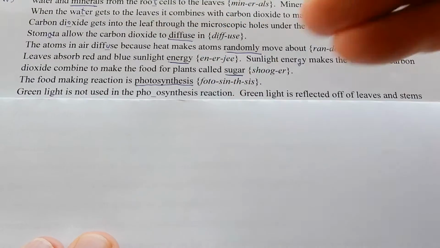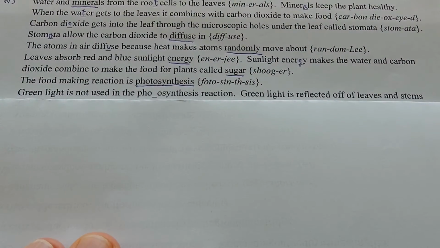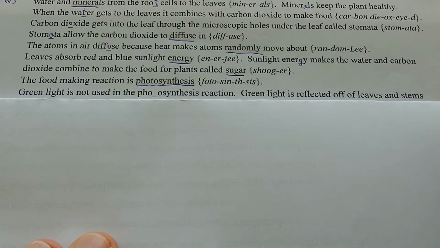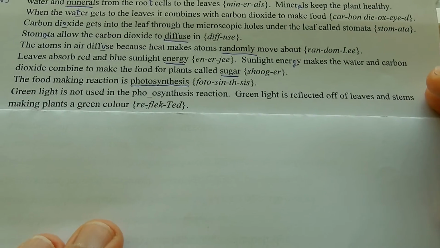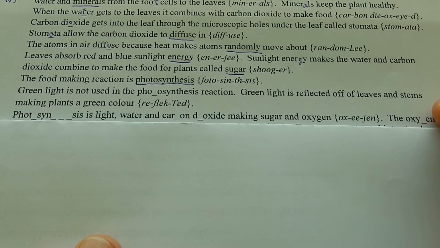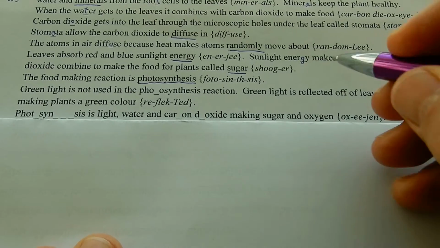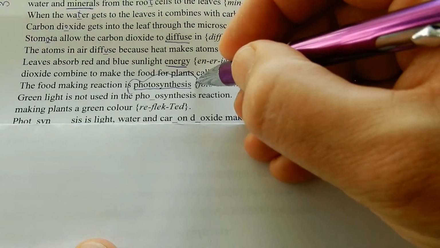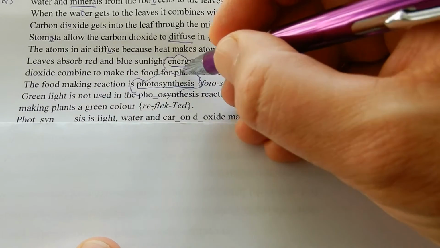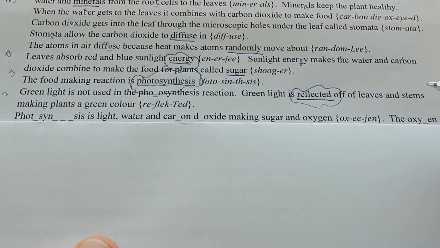Green light is not used in the photosynthesis reaction. Green light is reflected off the leaves and the stems, making plants a green colour. Yes, the blue and the red light are used by the leaf, and the green light is just thrown away.